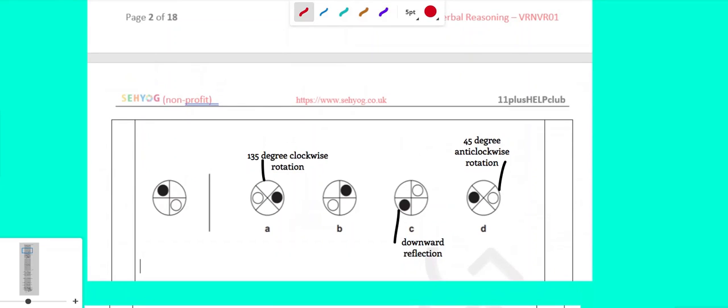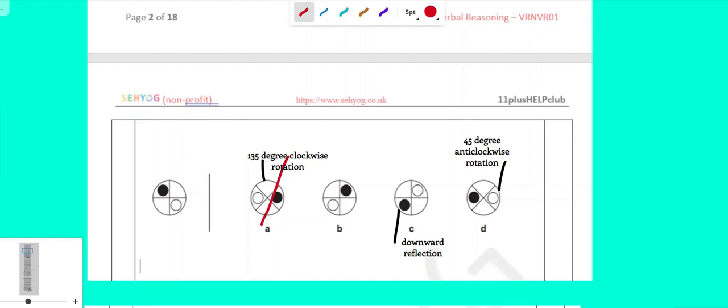Next, we will be taking a look at question number 2, which may seem a bit confusing, but it is not. On reflecting these and matching them with the image on the left, we see that option A is not what we are looking for because it is a 135-degree clockwise rotation.